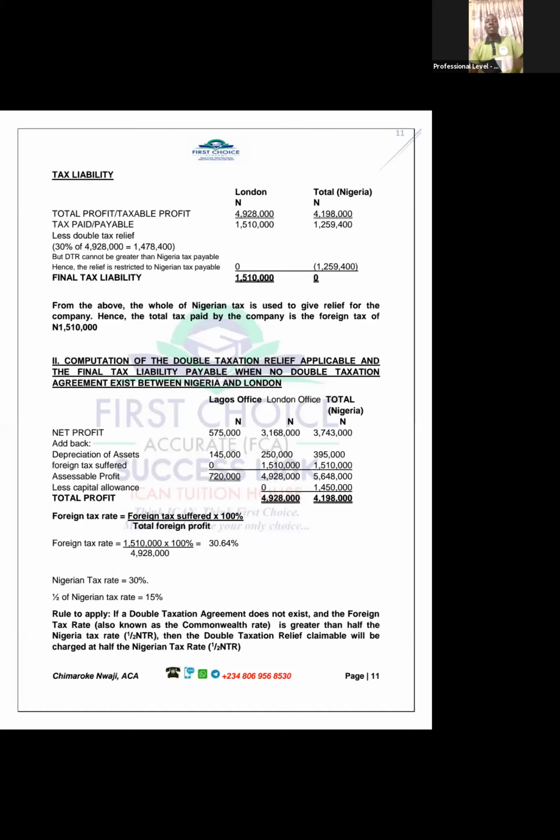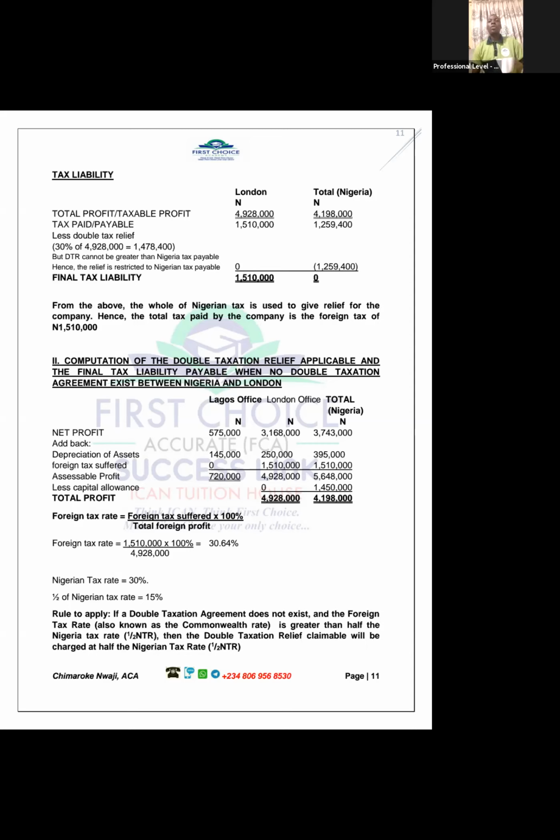So you see, that 1,478,000, that is what you are supposed to enjoy as a relief, but there is a restriction. Your relief can never be greater than Nigerian tax. In other words, Nigeria is not going to give you a refund. Because if we were to put this 1,478,000, it means Nigeria is supposed to give them a refund. No, Nigeria will not give you a refund.